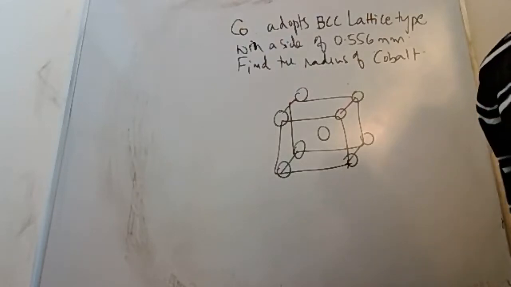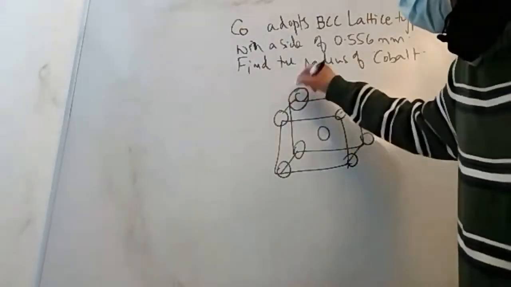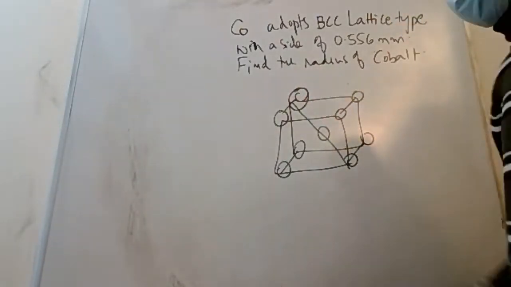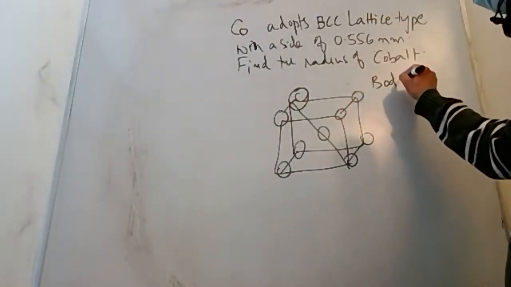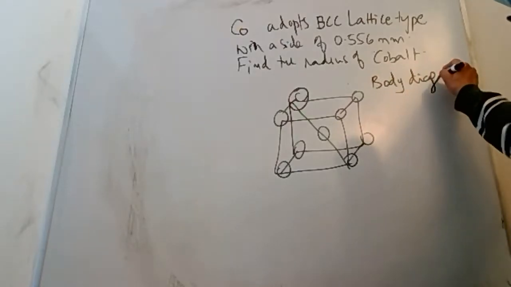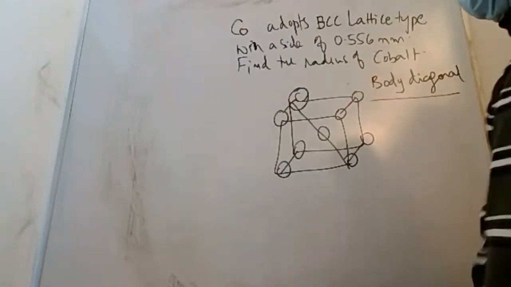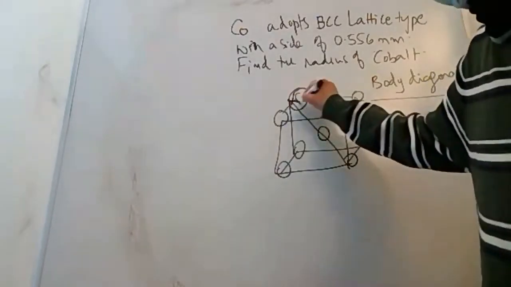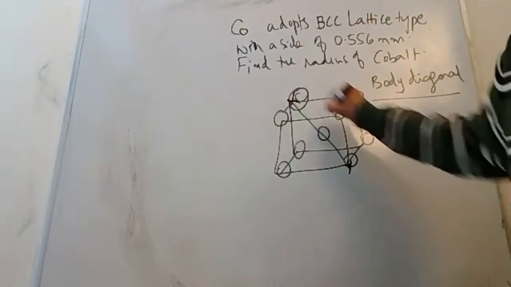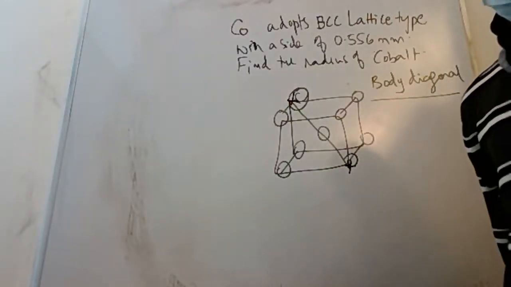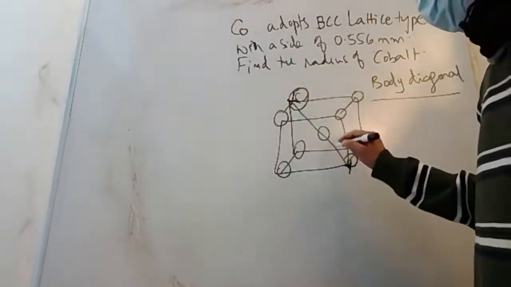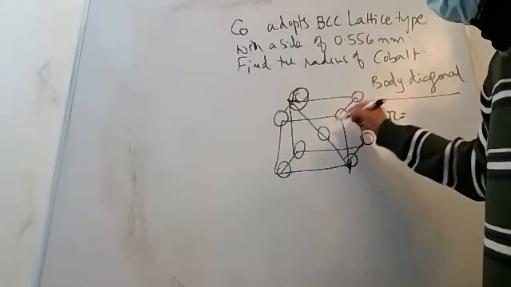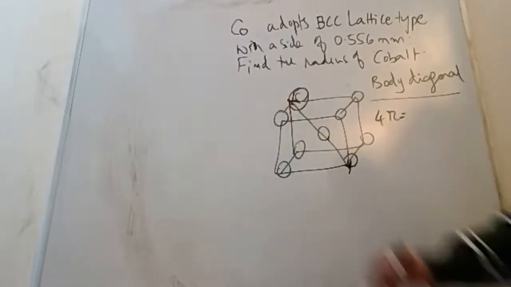Now, unlike the face-centered cube, in the body-centered cube, the atoms are touching along what we call the body diagonal, not the face diagonal. So from one corner to the opposite corner, if you look at that line, that will be the length, which will be equal to 4r, because there are r, 2r, and another r. So a total of 4r.